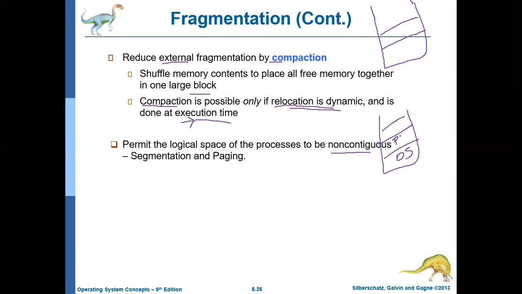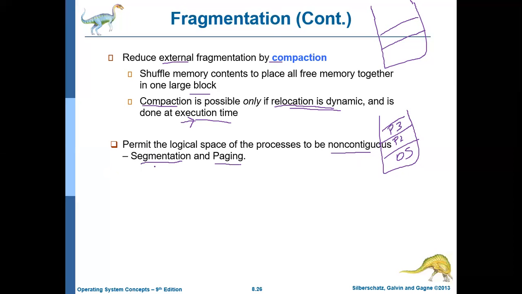But the second way of dealing with external fragmentation says that if memory can be allocated in a non-contiguous fashion, then external fragmentation can also be avoided. We'll be discussing two techniques for that: segmentation and paging. The rest of the entire topic will depend on this.